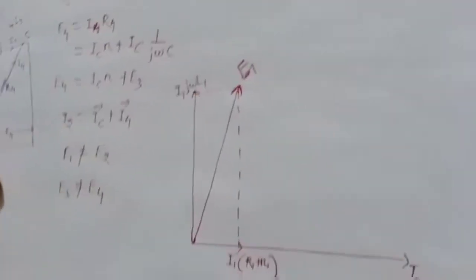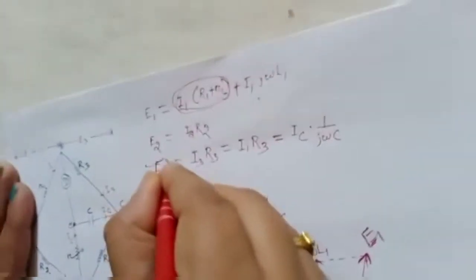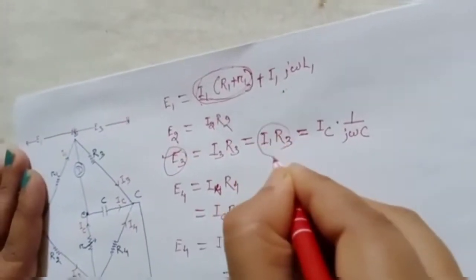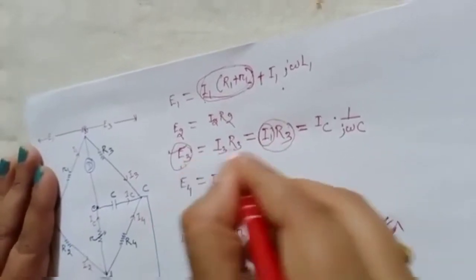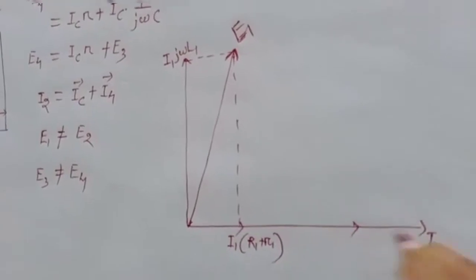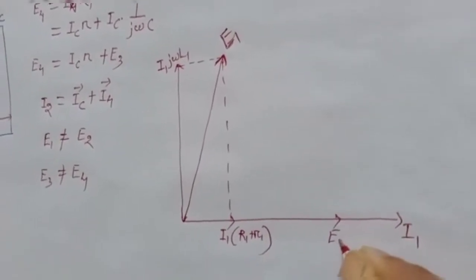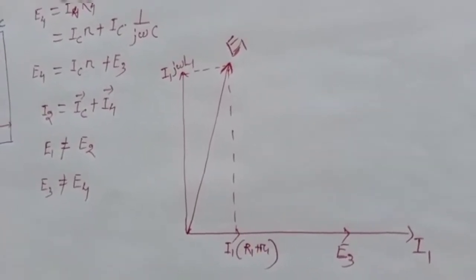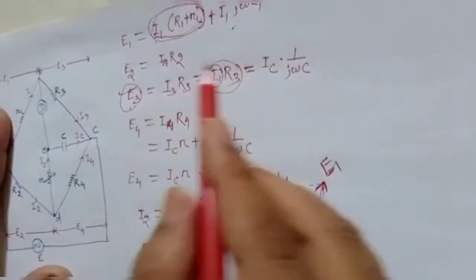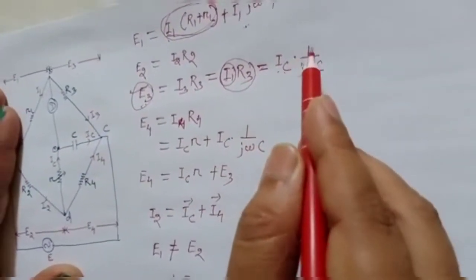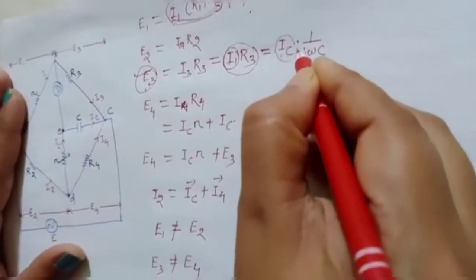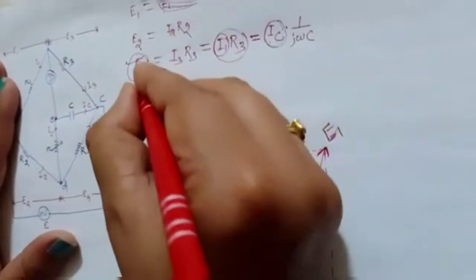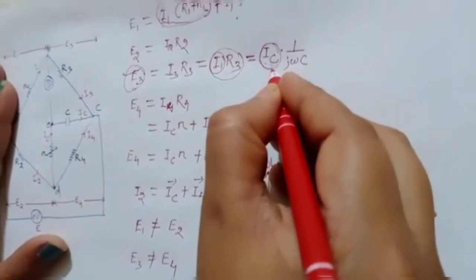Then the value of E3 is equal to I1 into R3. So I1 and E3 are both in the same phase. So I can draw E3 here. If this is I1, E3 must be in phase with I1. Again, E3 is equal to IC into 1 by j omega C. So that means this IC must lead E3 by an angle of 90 degrees.